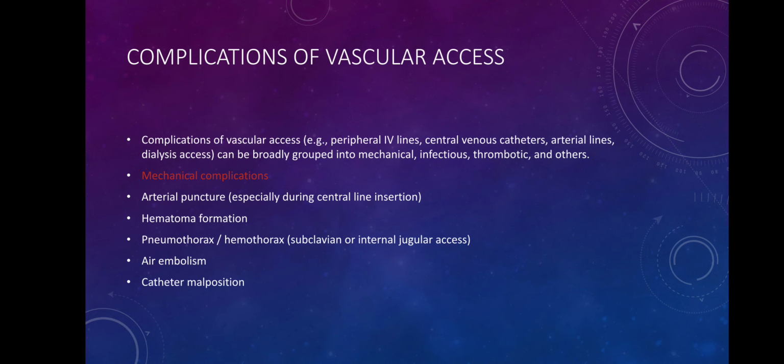Complications of vascular access. Examples: peripheral IV lines, central venous catheters, arterial lines. Dialysis access complications are broadly grouped into mechanical, infectious, and thrombotic. First one is mechanical complications: arterial puncture during central line insertion, hematoma formation, and pneumothorax, hemothorax with subclavian or internal jugular access. The next points are air embolism and catheter malfunction or malposition.